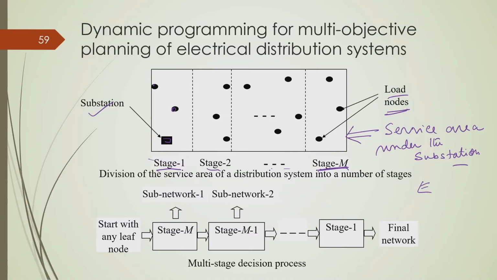So, the lines connecting these distant nodes only carry the load currents of individual nodes, which you have seen. But near the substation, the distribution lines are carrying the loads of all the nodes of a network, and that is the philosophy behind considering the farthest nodes as the first stage to initiate this dynamic programming.